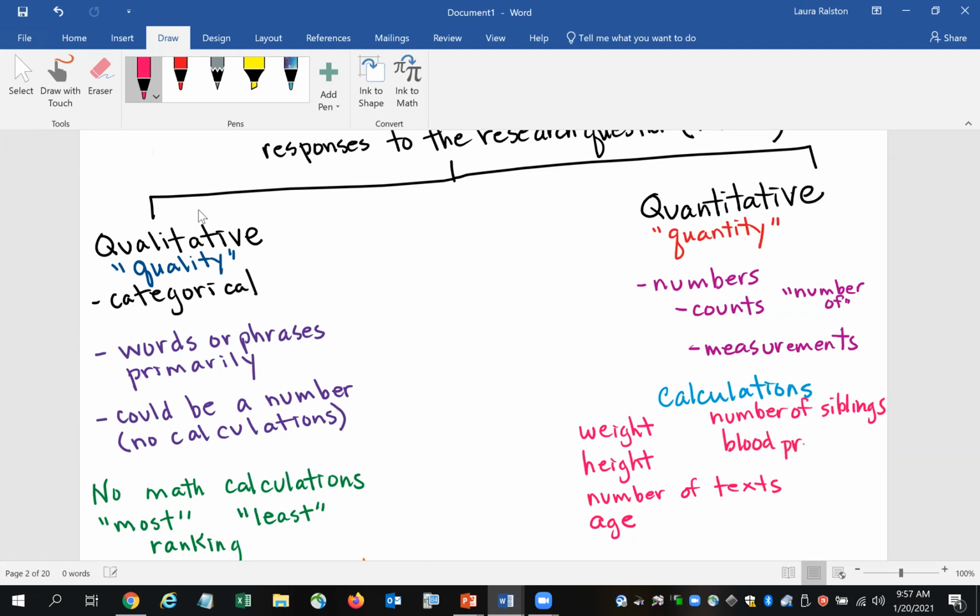That's a number. Okay, so qualitative data is words or phrases, maybe a number, but you don't calculate with it. Quantitative data are things that are associated with counts or measurements. Questions?